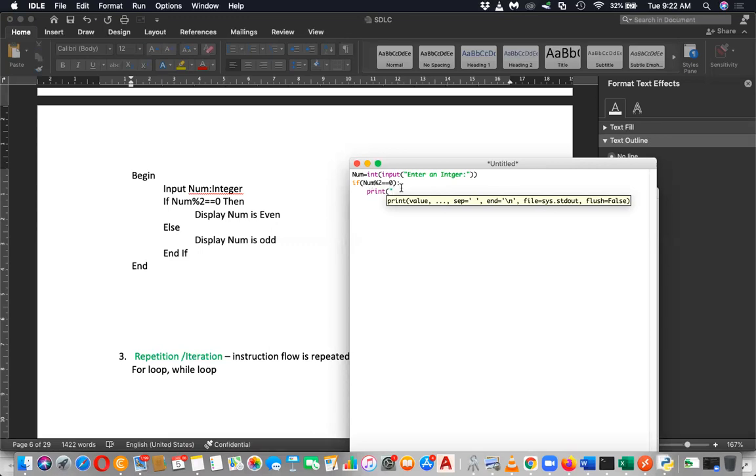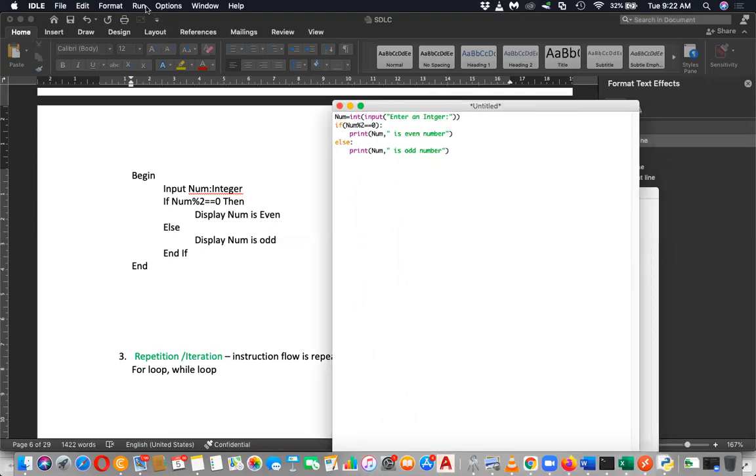Print, you can say num is even number, else you have to print num is odd number. Sorry, here it's even number, otherwise it's odd number. So this is the code. Let me run this.